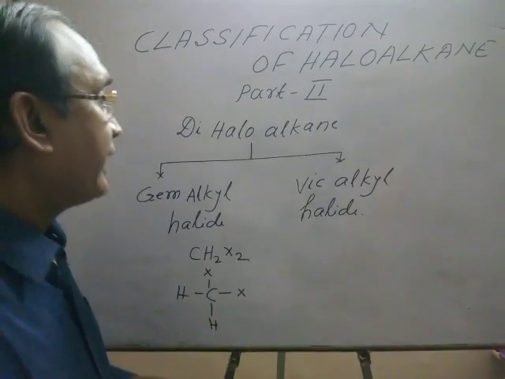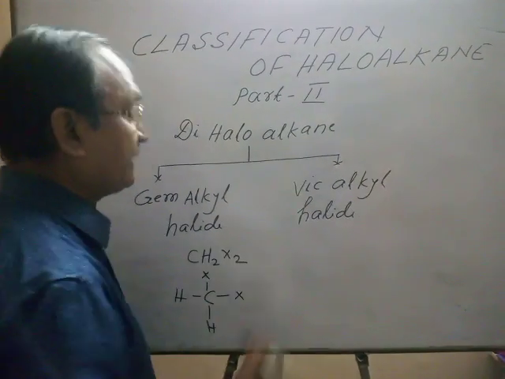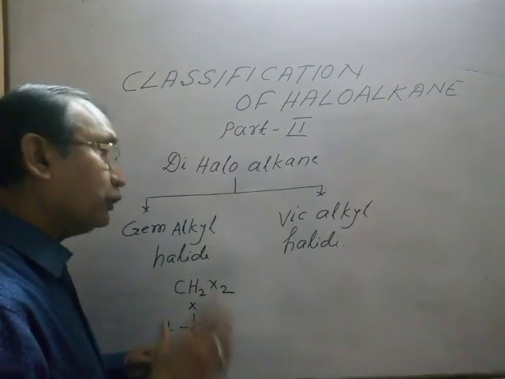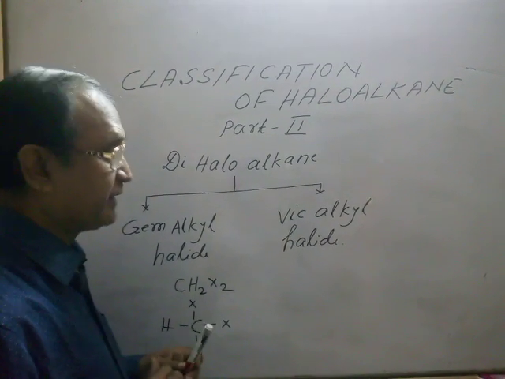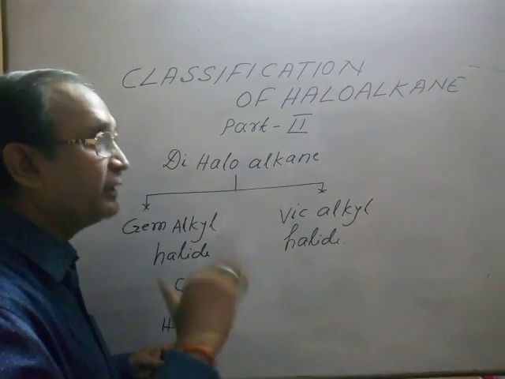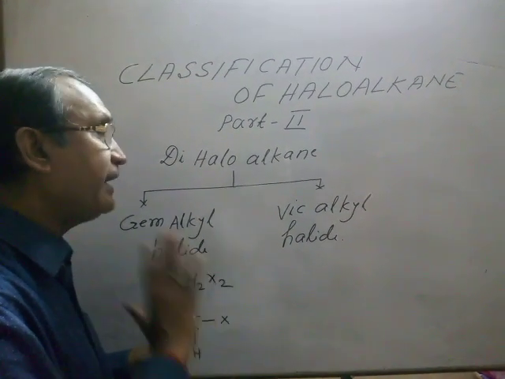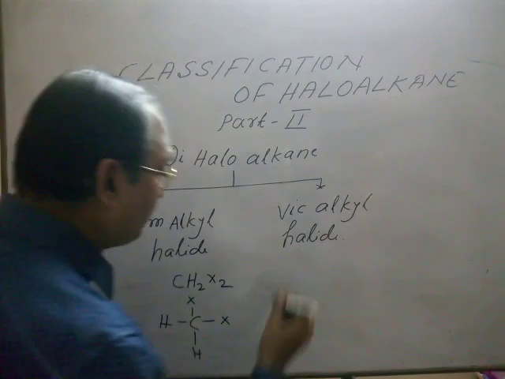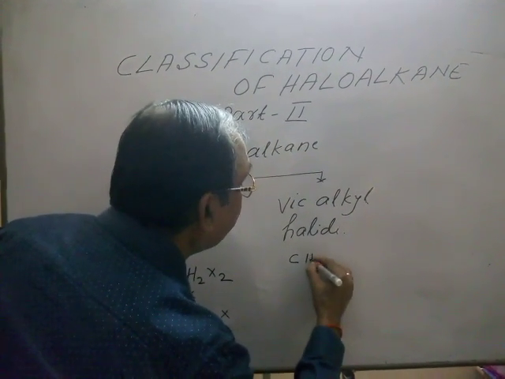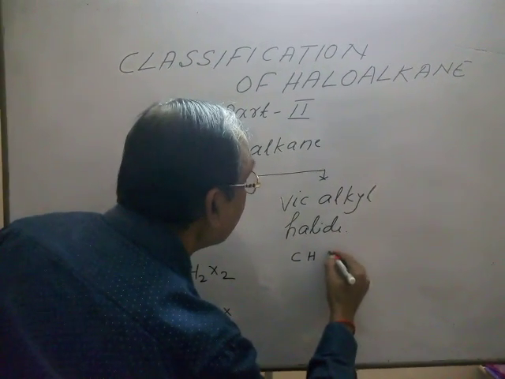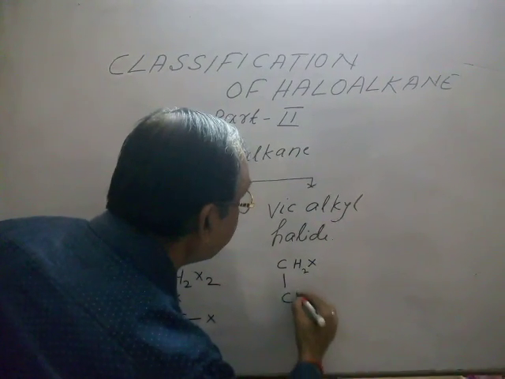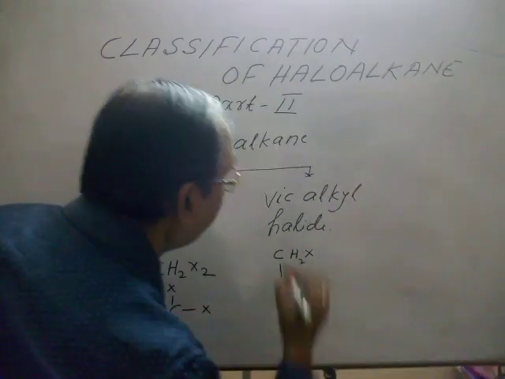On the other hand, if we consider vic alkyl halide, that is vicinal alkyl halide, here also two halogens are present, but these two halogens join with different carbons, not a single carbon. As for example, CHX single bond CH2X.